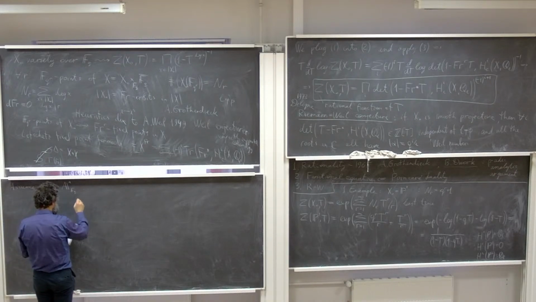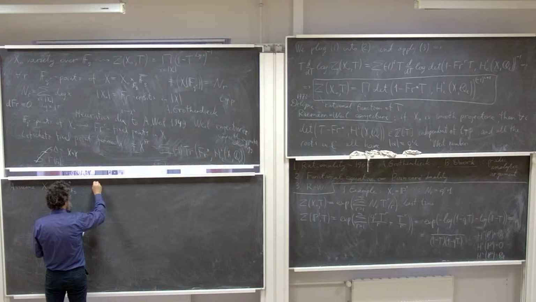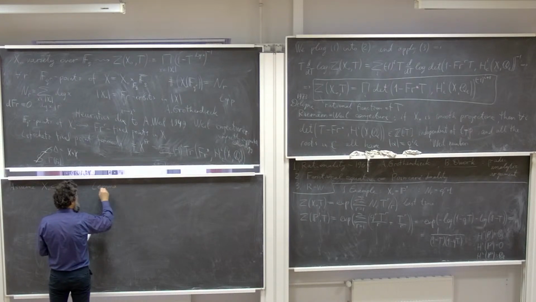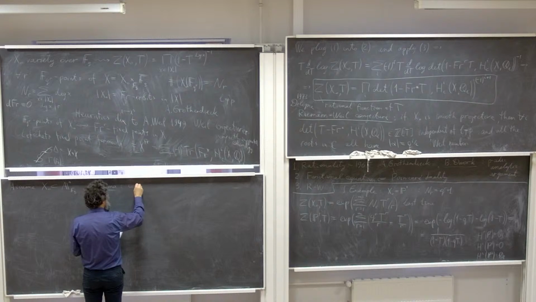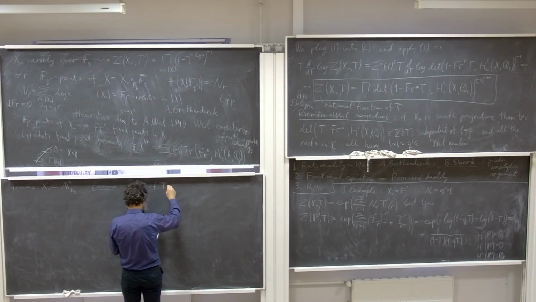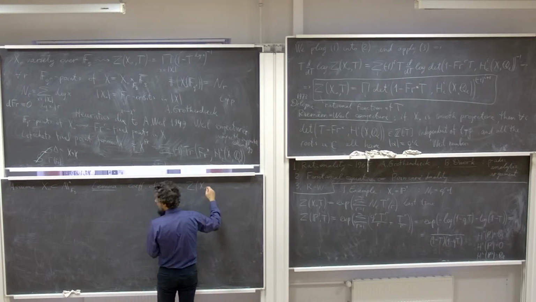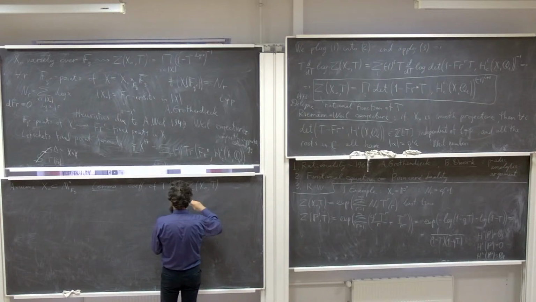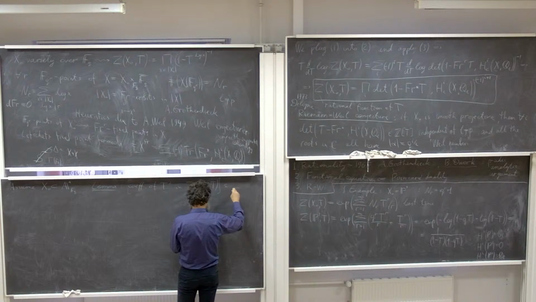Then I claim that under these circumstances, the coefficient of t to the power j in our zeta function is at most q to the power nj.